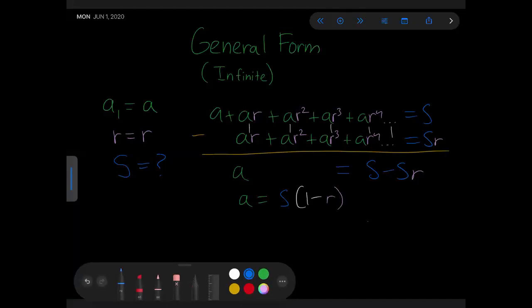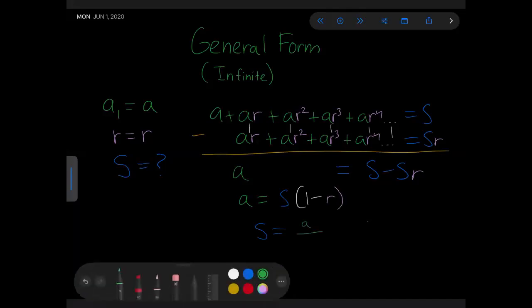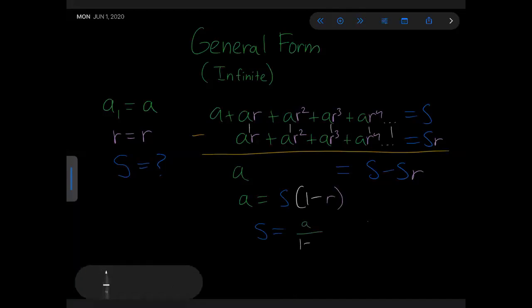So s is going to equal a over 1 minus r. Powerful, powerful trick. So the value of our series is going to equal the initial term over 1 minus the common ratio.